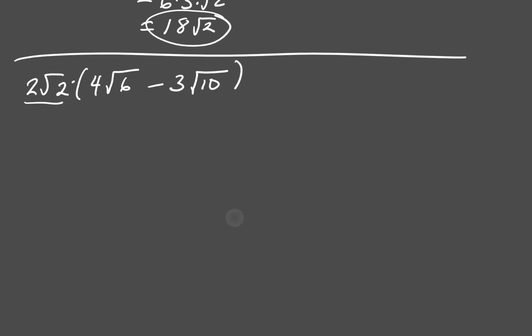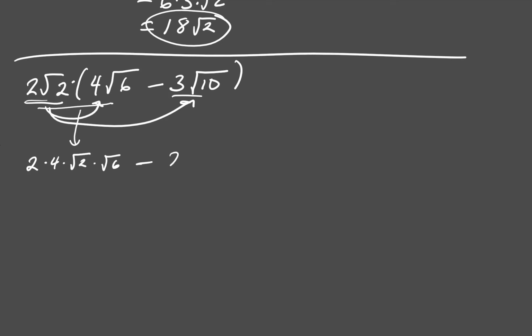I'm taking this times a thing in parentheses, so I get to distribute this to both bits. So I have 2 times 4 times the square root of 2 times the square root of 6. I've got my minus sign, and then I've got 2 times 3 times the square root of 2 times the square root of 10. I've used the commutative property already there, but I've got just the distribution happening.